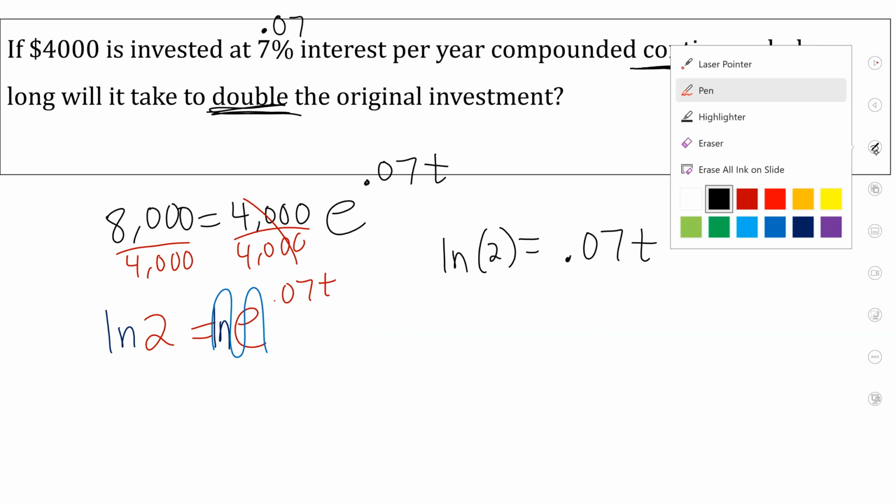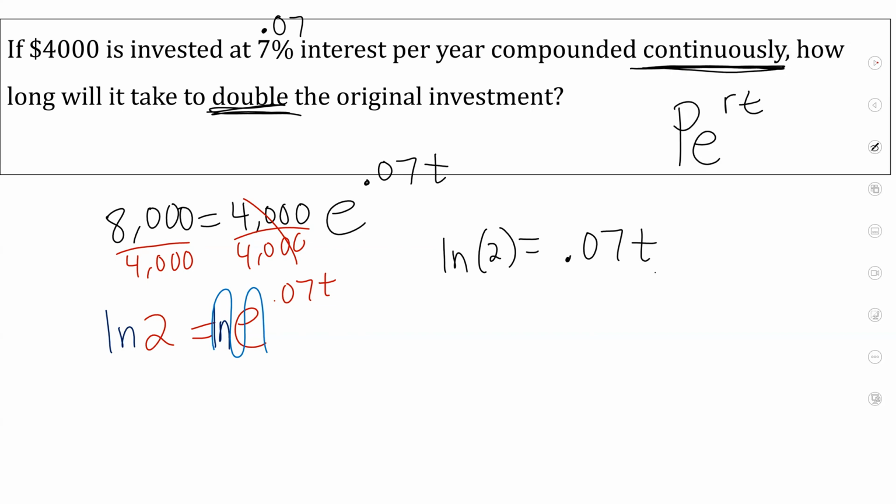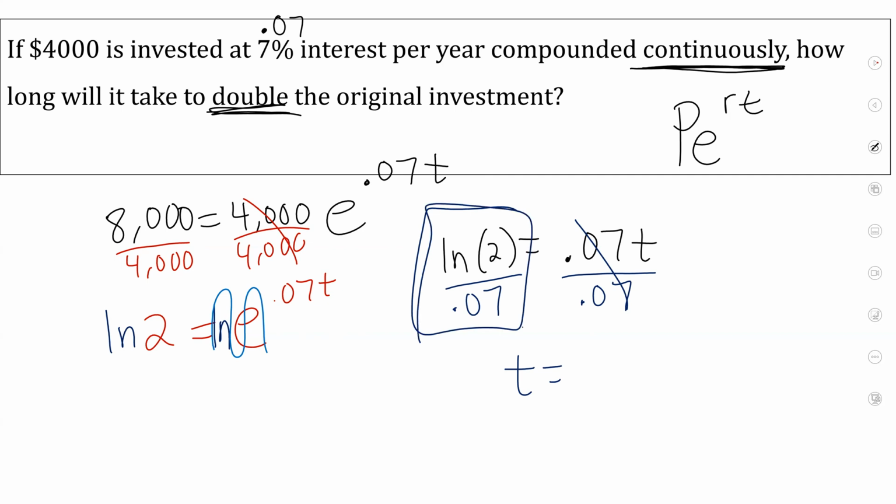Now, how do I solve for t? Yep, divide by 0.07. So when you put this into your calculator, what do you get for time? 9.9, so 9.9 years. So basically almost 10 years. It'll take you almost 10 years to double your money.